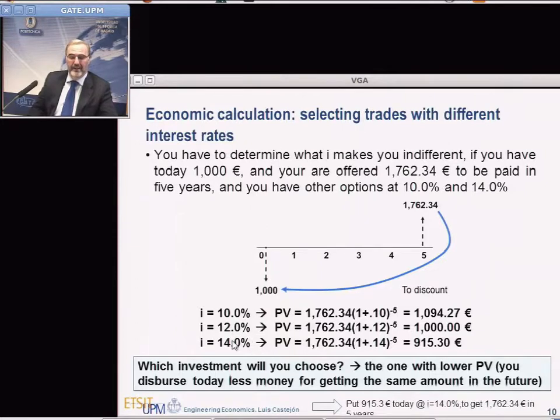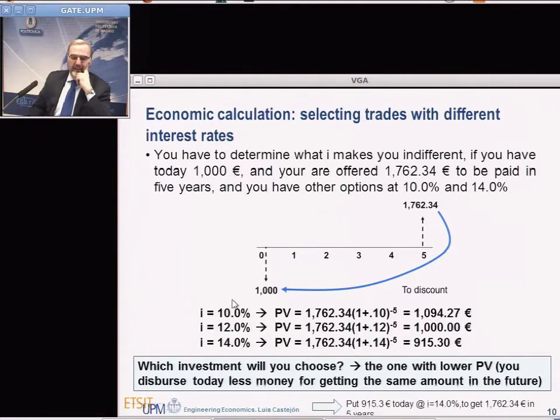But if you are offered not only a 12% investment, but a 14% investment, how much money are you going to deposit today? Less money than 1,000, you will be putting 915 euros. So which investment will you choose? I would like to ask you.